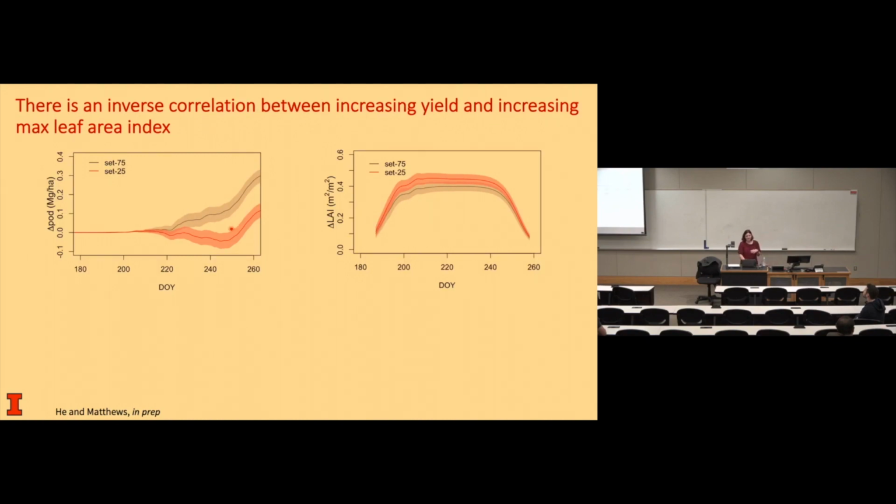Looking at the upper quartile, which is gray, compared to the lower quartile, you can see the large range in the predicted pods at the end.